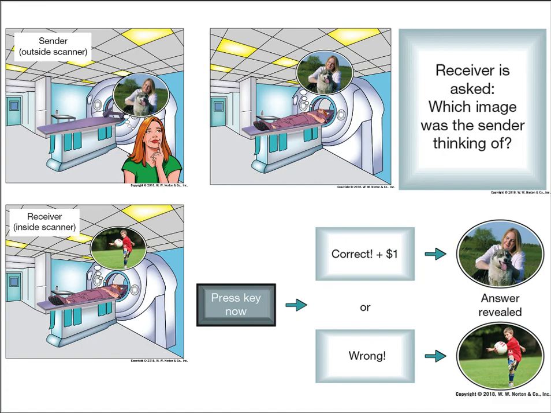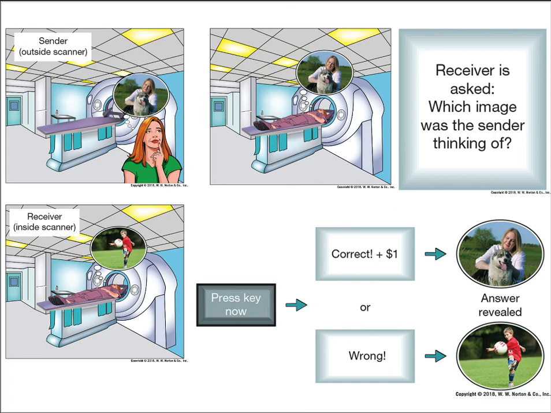Here's an example of the sender-receiver experiment. In Moulton and Kosslyn's 2008 laboratory study, the sender participant was instructed to think about a particular picture in order to send that message. The receiver participant was in an fMRI scanner and was shown a picture unrelated to the one the sender was thinking about.